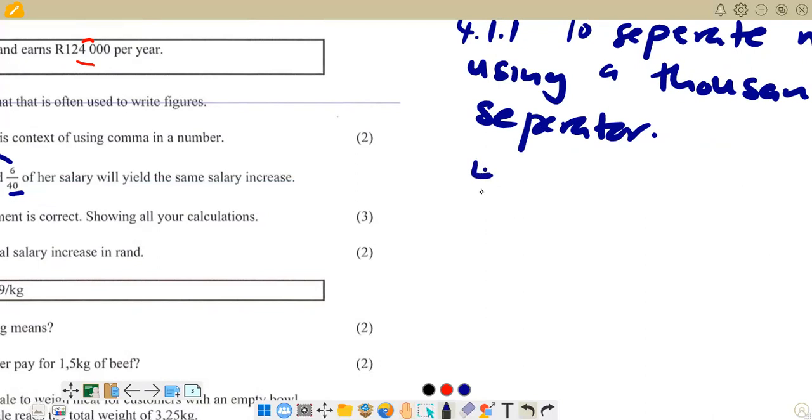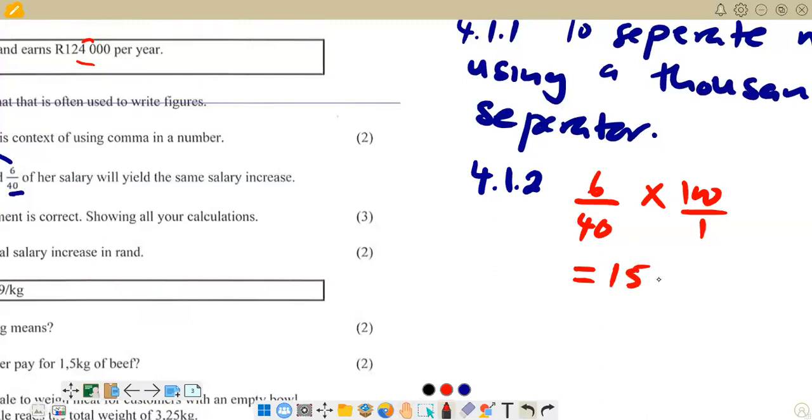We calculate 6/40, and then we multiply by 100/1 to express it as a percentage. Then we make a comparison with that 15%. If you use your calculator, you say 6 divided by 40, then multiply the answer by 100, and you get your percentage. The answer that you get is going to be 15%, and this represents that they are the same.